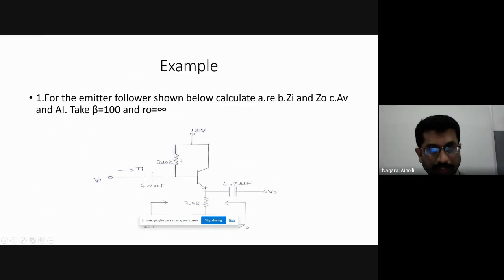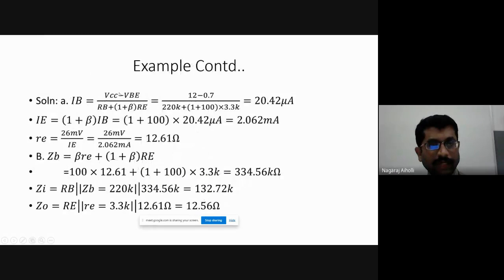We know how we are finding the IB equation, right? We are applying the KVL to the input portion. If you go on finding the equations by applying KVL to the input side and output side, it will take more time. Time will not be sufficient. So better you memorize these formulas.